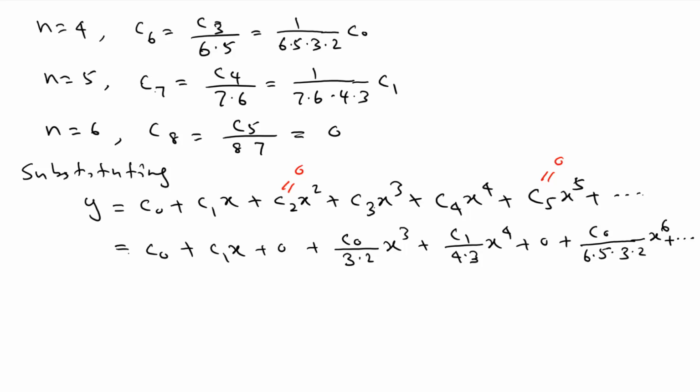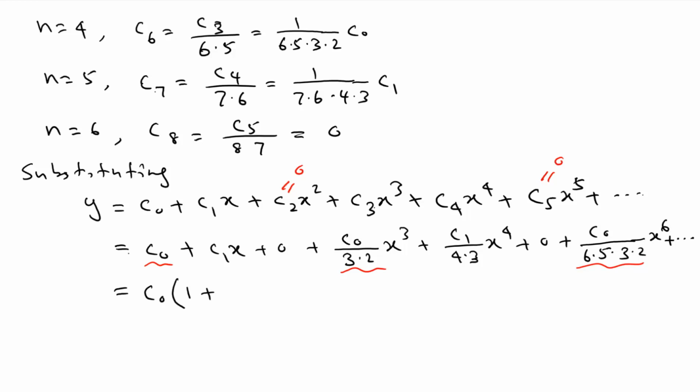So what we're going to do is separate them into c0 terms and c1 terms. If you get the c0 terms, what are you going to get? You're going to get 1 plus, what's another c0 term? That's the c0 term, and that's the next c0 term.